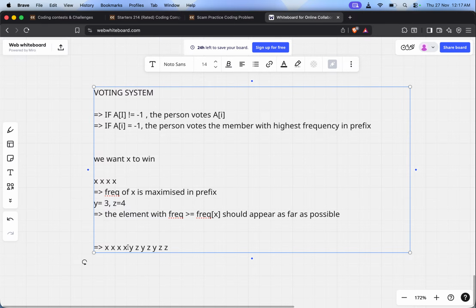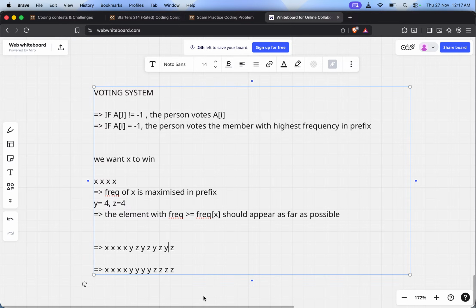So with this, what were the other possible scenarios we had? We could insert all the y's first and then z's. But this was a problematic scenario. Let's say y was also 4 and z was also 4. So this transforms as this, while this transforms as this. So what is the first index at which a person apart from x has a frequency equal to 4?